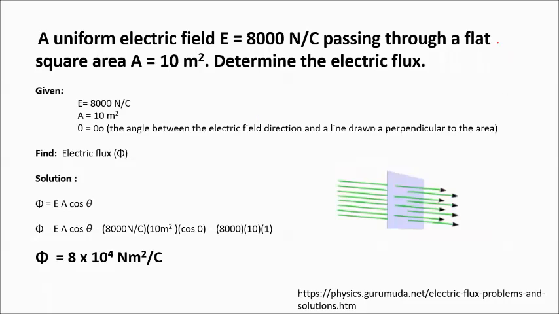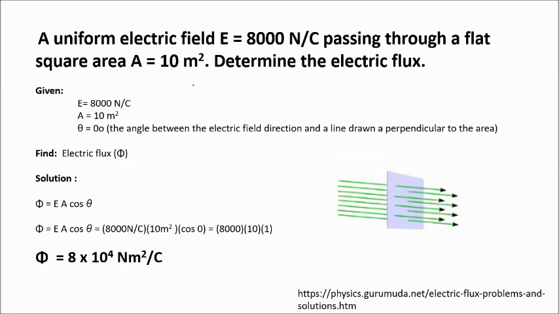Now, let us apply that in the worded problem. The problem states that a uniform electric field with magnitude 8,000 newtons per coulomb passes through a flat square area equal to 10 square meters. Determine the electric flux.